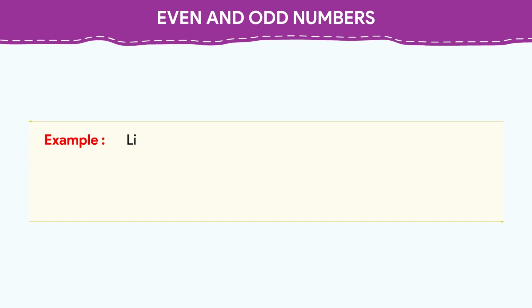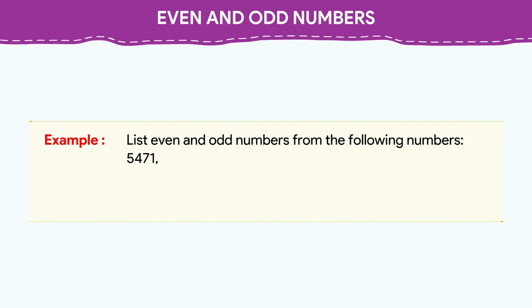Example: list even and odd numbers from the following numbers: 5,471, 6,570, 9,802, 6,547, 1,224, 9,853, 4,578, 2,007.